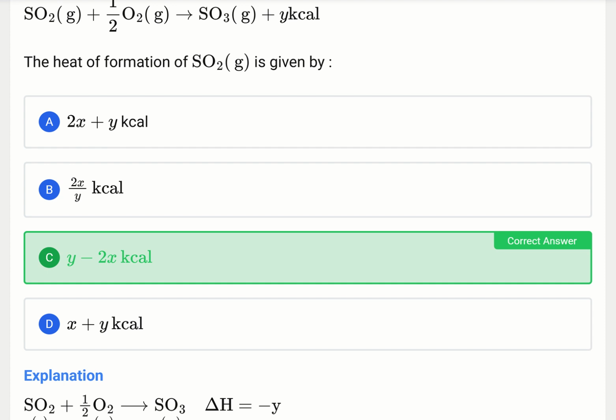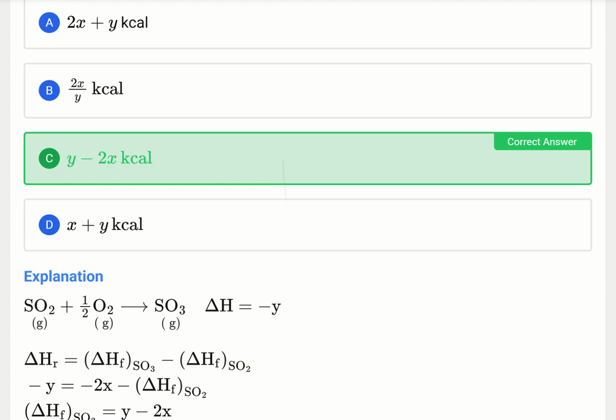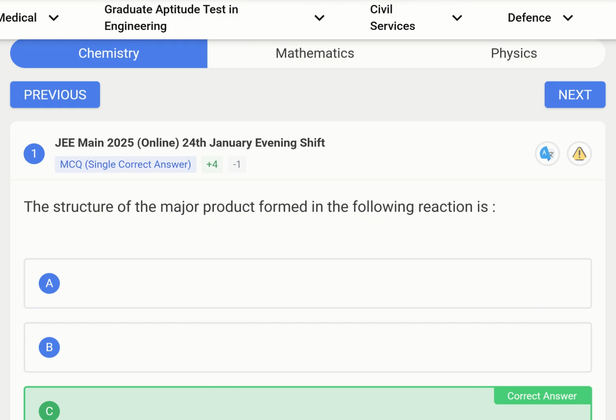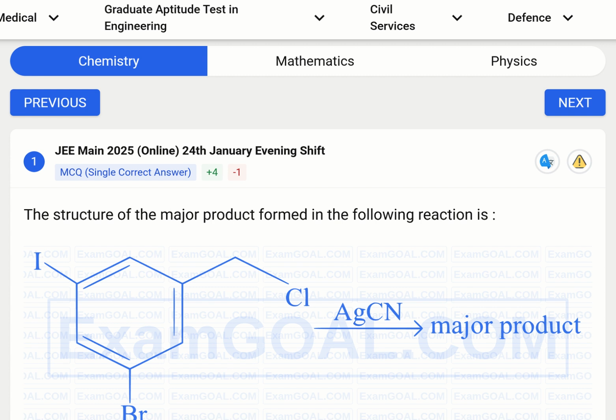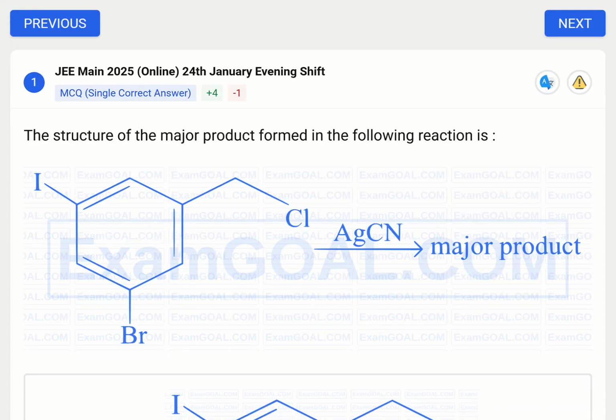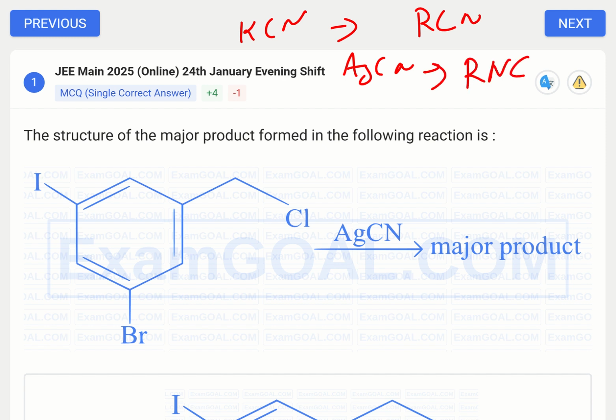Okay, so moving to question number 5. The structure of the major product formed in the following reaction. Okay, iodine, bromine, chlorine and AgCN. Now, if anyone remembers SN1 and SN2 reaction mechanisms, we have two: KCN and AgCN. KCN gives you RCN and AgCN gives you RNC. Now out of chlorine, bromine and iodine, which do we have to remove? This is the thing.